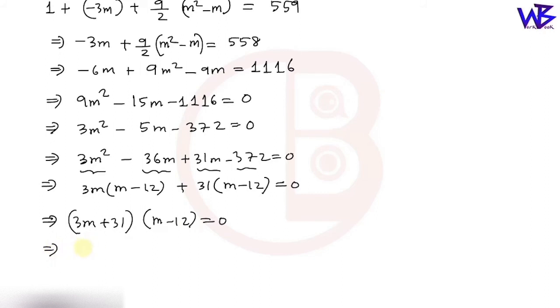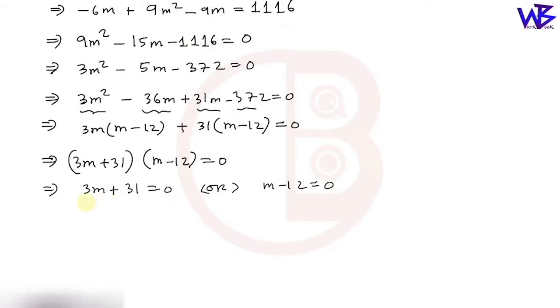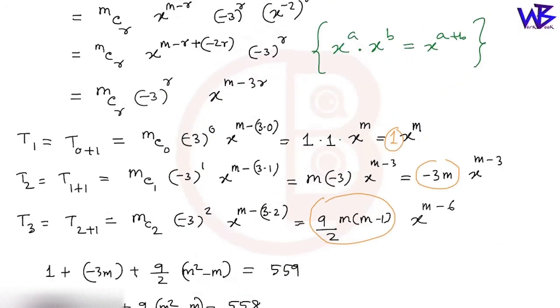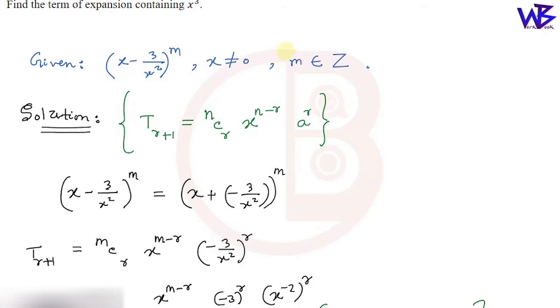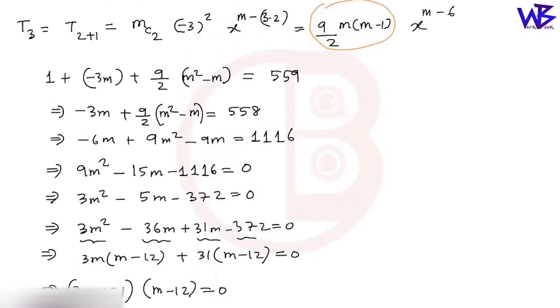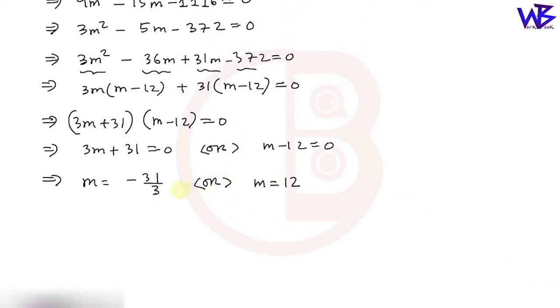So either 3m plus 31 is equal to 0 or m minus 12 is equal to 0. In turn we get m is equal to minus 31 upon 3 or m is equal to 12. But as per the question, m belongs to the set of integers, so we cannot accept minus 31 by 3 as a value of m. So the value of m will be 12.